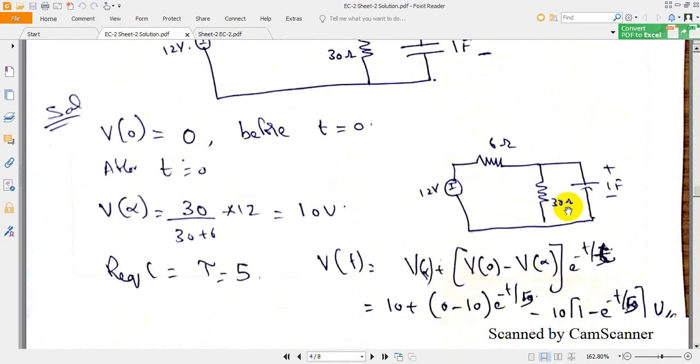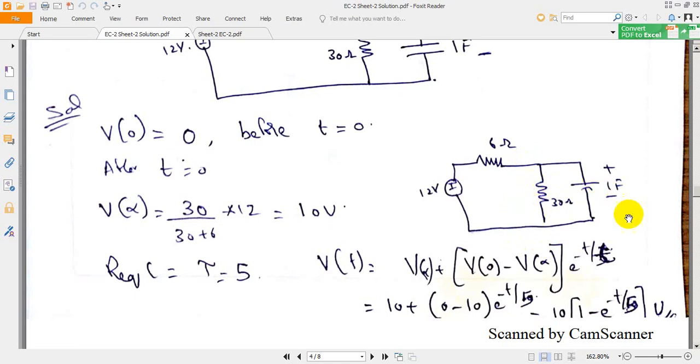6 and 30 in parallel means 6 into 30 divided by 6 plus 30, that is 180 divided by 36. You will get it as 5.